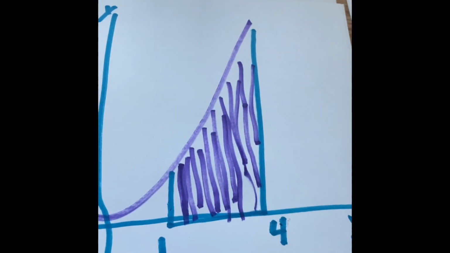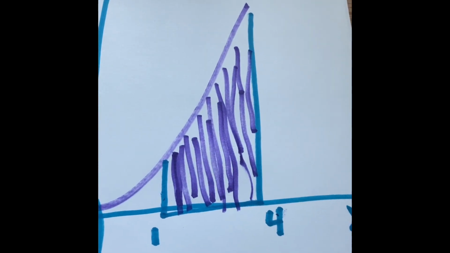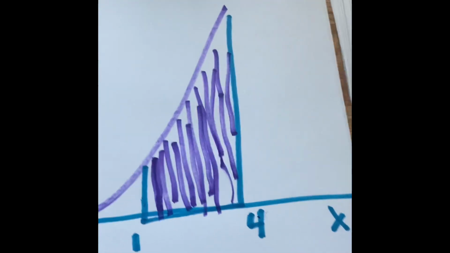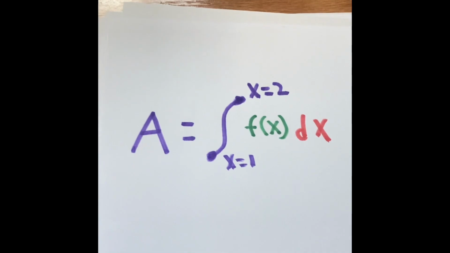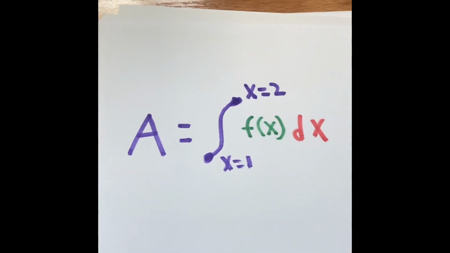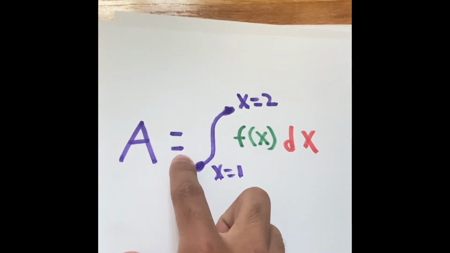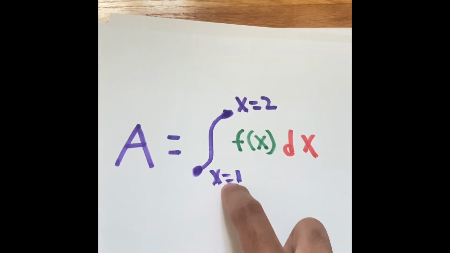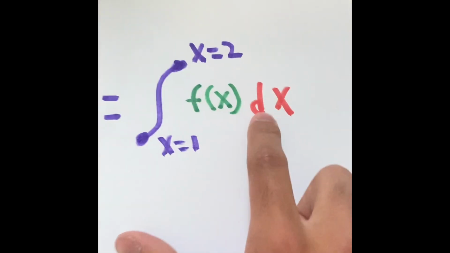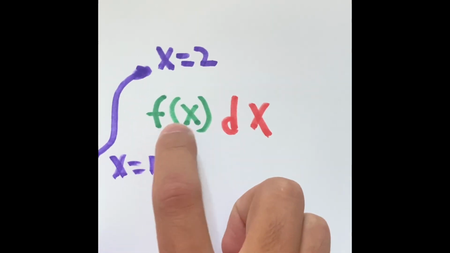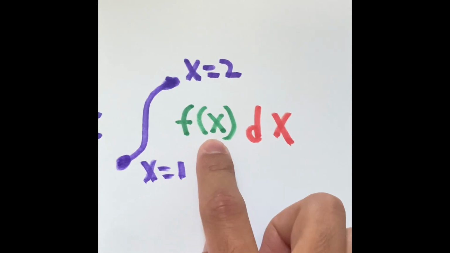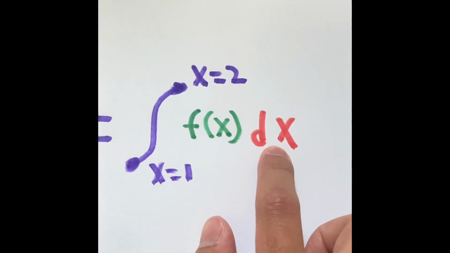So let's get started. To find the area under a curve of an irregular shape, there is a formula we're going to follow. The area of an irregular shape is the integral from your first boundary to your second boundary of the function of x, dx.